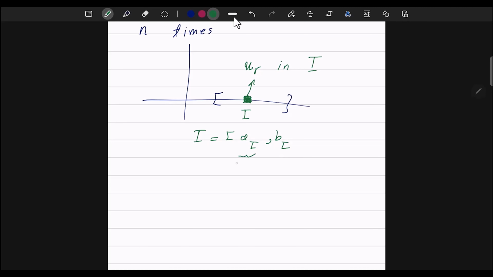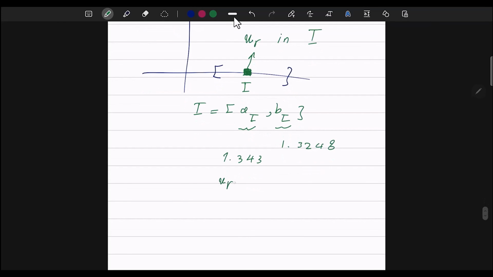For example, let's say 1.3248. Now, as an approximation for x of r, you could take the middle point of this interval. So it would be the average of its endpoints, and thus you would have an approximation for your roots.